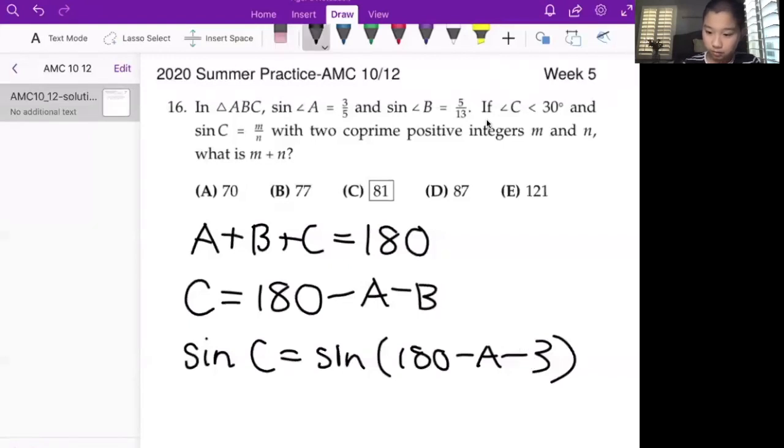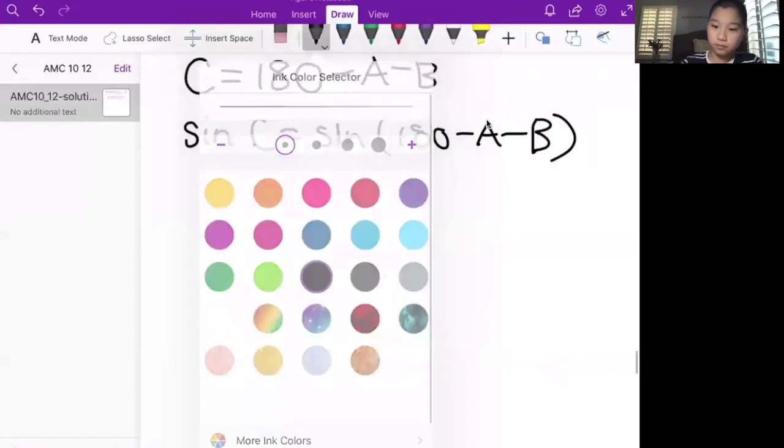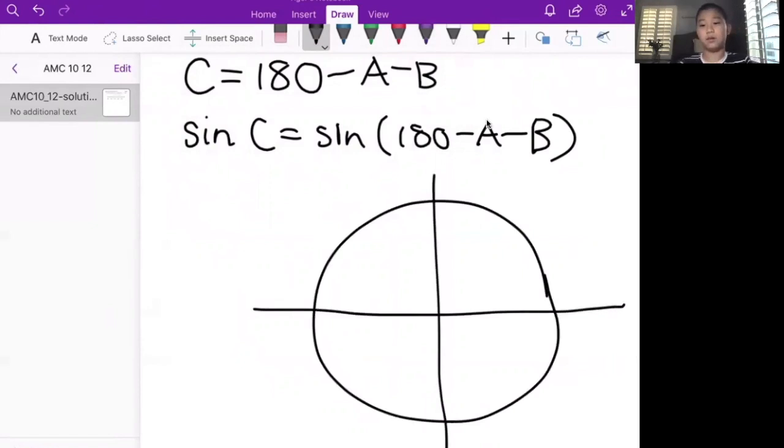Yeah, so then let's look at the unit circle. Yeah, so we can show that sine of something is equal to sine of 180 minus that thing because these perpendiculars are the same length.